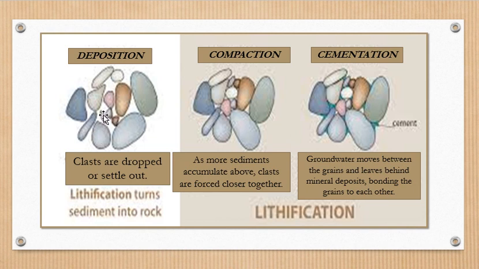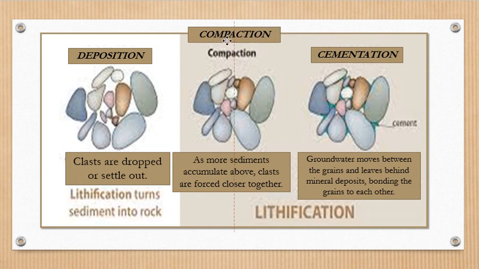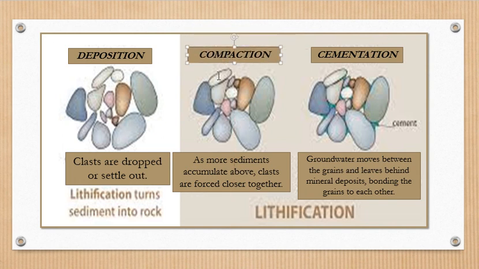They are carried away and deposited in an area, and after that, they will undergo the process of compaction. As more sediments accumulate, the clasts or sediments or particles are forced closer together. They glue together or pack tightly.